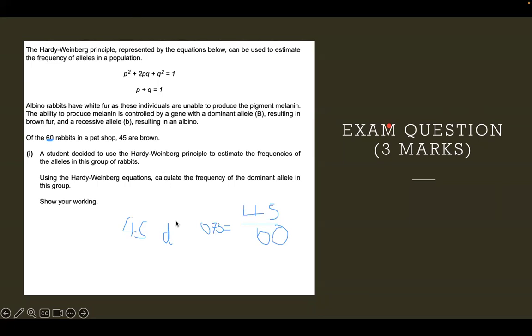Okay. And that's 0.75. You'd plug that in because we know 45 of them are brown and brown is dominant. We'd plug in the remainder, which is 15 over 60, right?